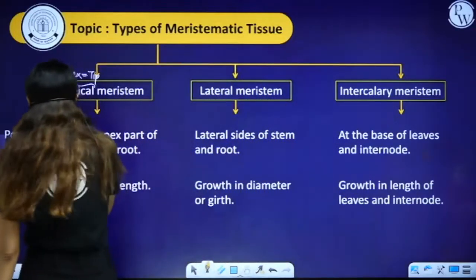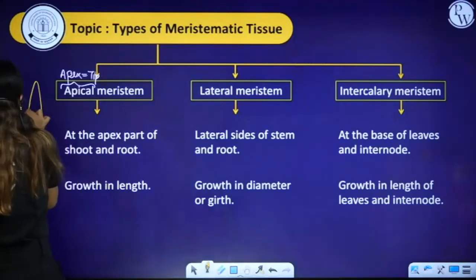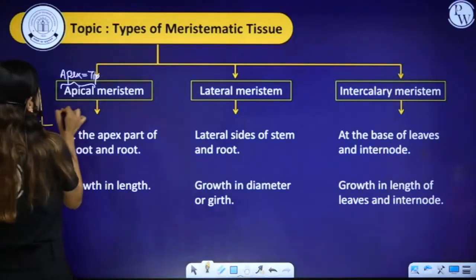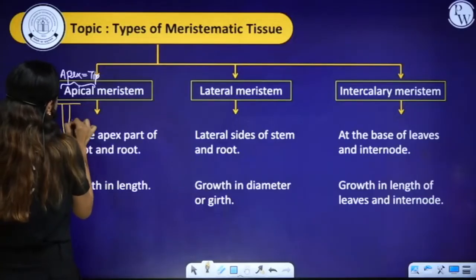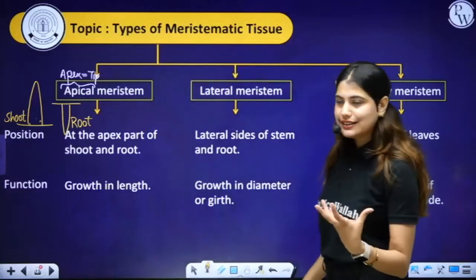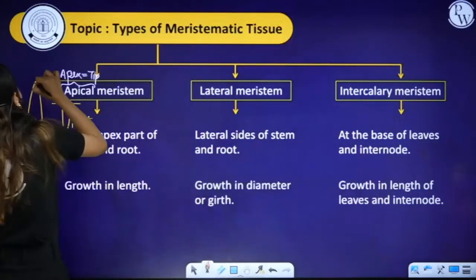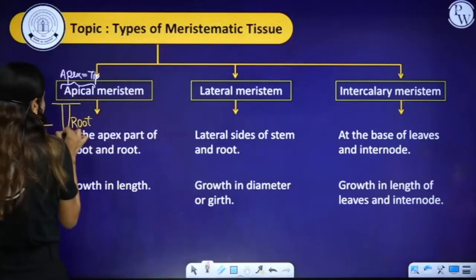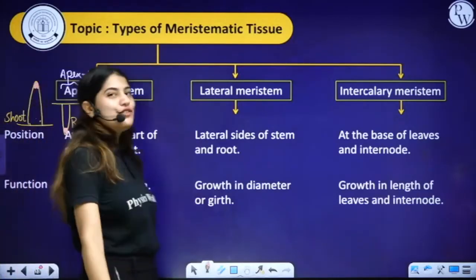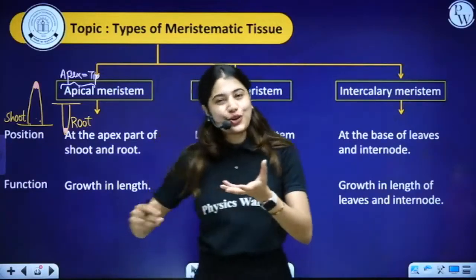So basically, suppose I say this is my shoot, and this is my root, so where will this tissue be present? At the tip, right? So I can find this tissue at the tip of the shoot and at the tip of the root. If it is present at the tip of the shoot, I can call it SAM, shoot apical meristem.